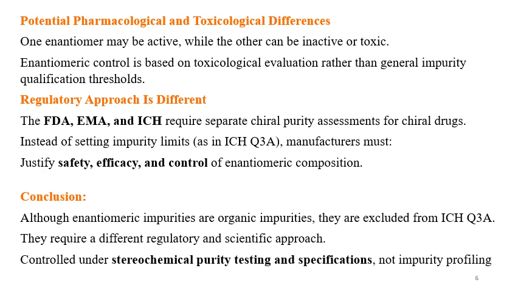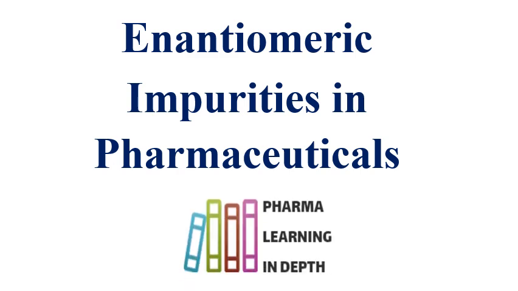In conclusion, although enantiomeric impurities are organic impurities, they are excluded from the ICH Q3A. They require different regulatory and scientific approach. These are controlled under stereochemical purity testing and specifications and not impurity profiling. That's why enantiomeric impurities have separate place in the COA of the drug substance and the drug product.